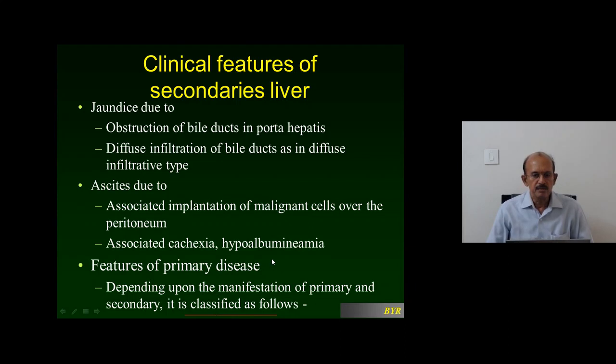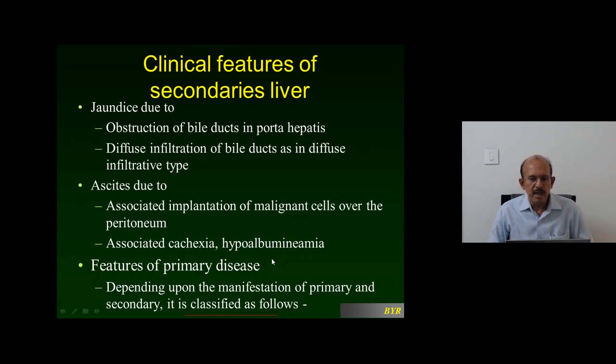A patient with secondary liver may manifest with the primary malignancy and secondaries together, or the primary manifests first and after removal of the primary, secondaries manifest, or the patient comes to you with secondaries with an unknown primary.